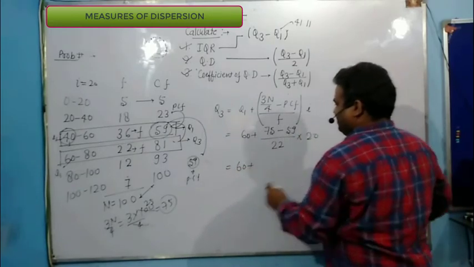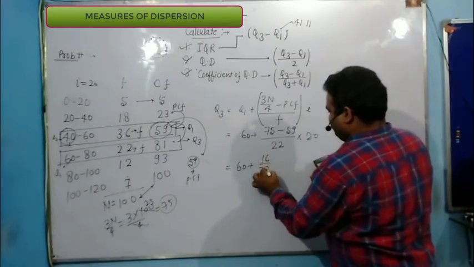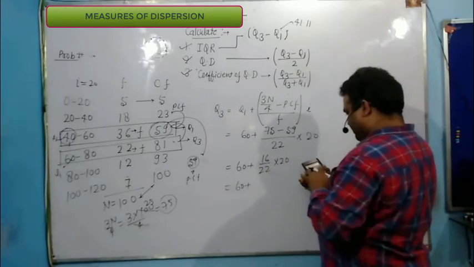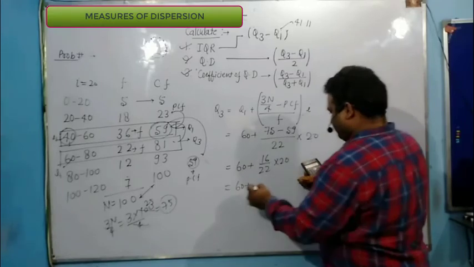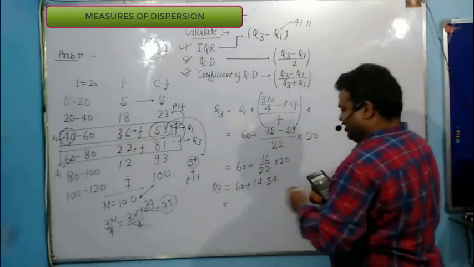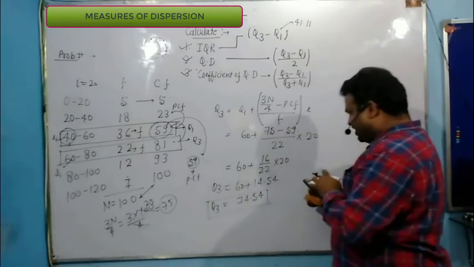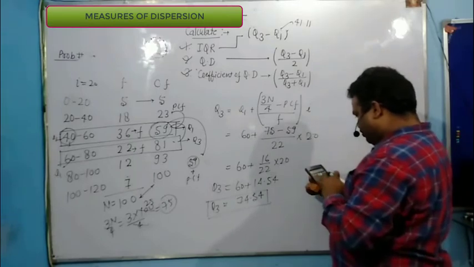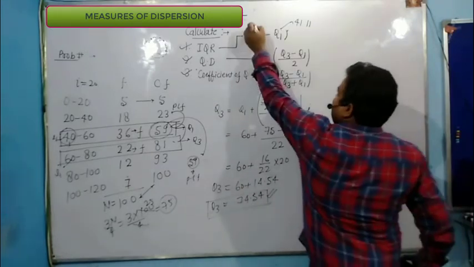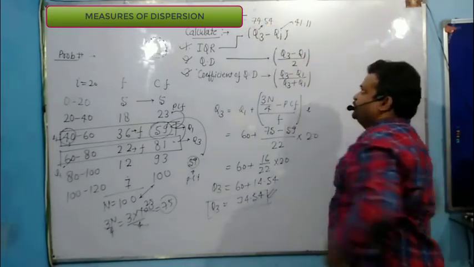So 60 plus 16 divided by 22 multiplied by 20, which is 60 plus 14.54. So Q3 is 74.54. I check again, 16 by 22 multiplied by 20 is 14.54, exactly correct. This is the value of Q3.